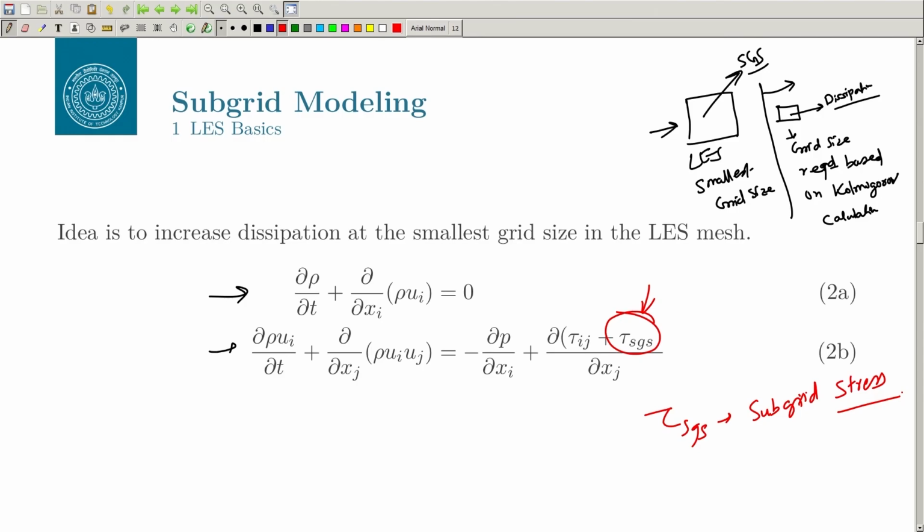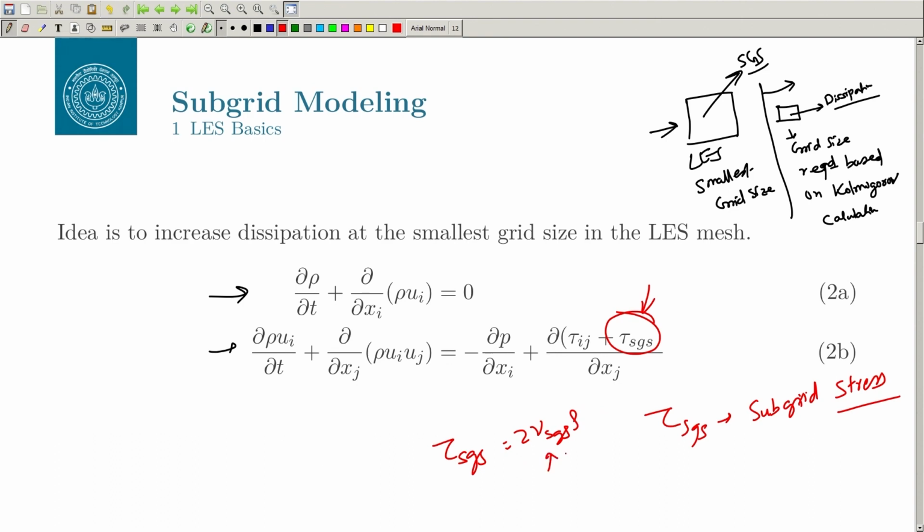So, all these things should be where the subgrid stresses should work. Like we had the eddy viscosity model, we can have the same argument that tau SGS can be written as 2 nu SGS rho multiplied by some velocity gradient and so on and so forth.